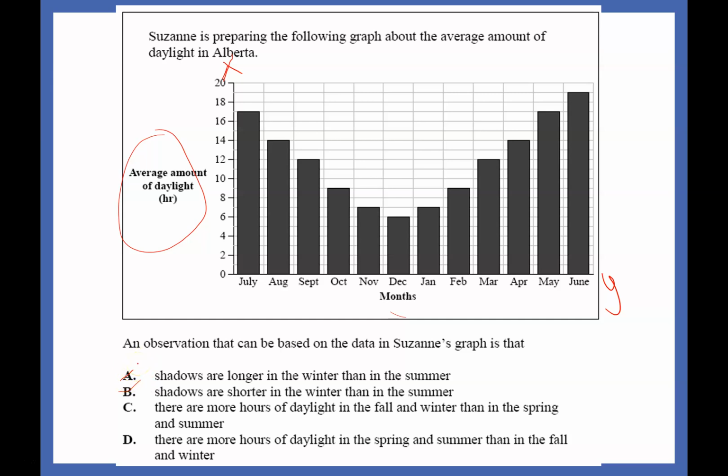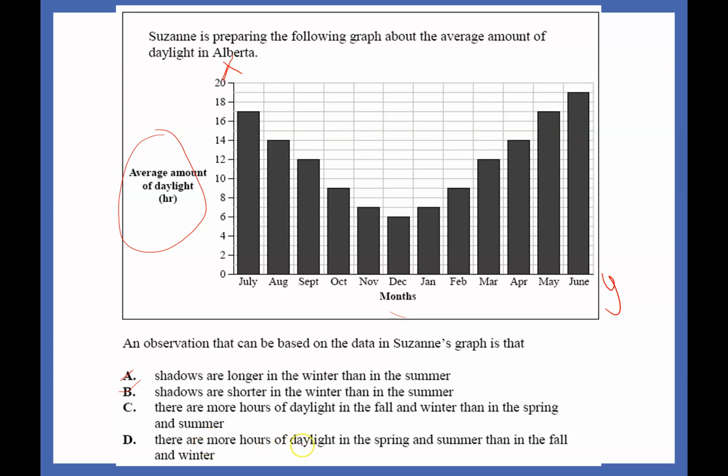So which of these is correct? C, there are more hours of daylight in the fall and winter than in the spring and summer. So take a look. Fall and winter is like September, October, November, December, January, February. Are there more hours of daylight there than in here?